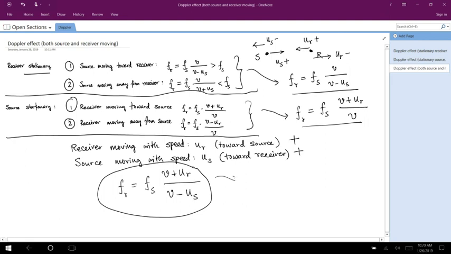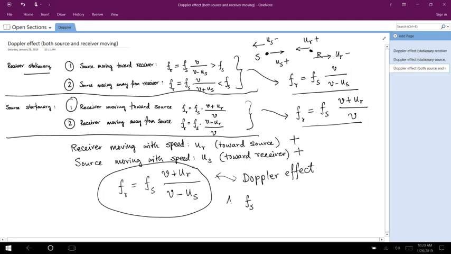So this is going to be our important Doppler effect formula for the new frequency. And of course, one can also find the change in frequency, which is often something that may be asked. In that case, you just have to figure out the difference between the original frequency fS and the new one.